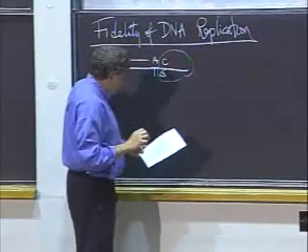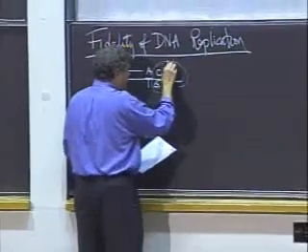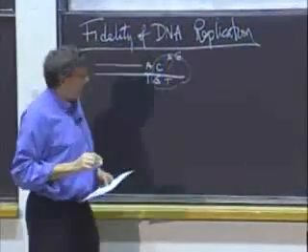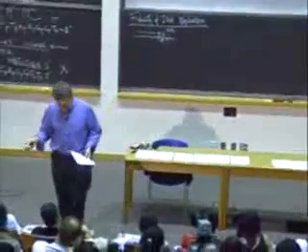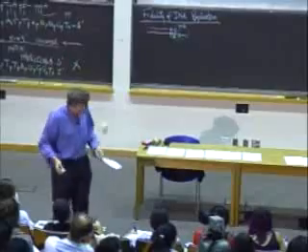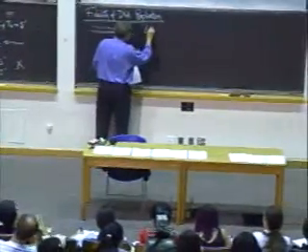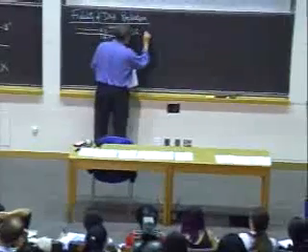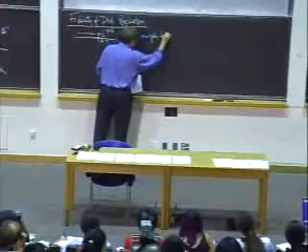How do I manage to get this right? Why don't I put in a G next to that T instead of an A? Well, it's energetically less favored, right? Energetically, there's some cost, there's a delta G, an energetic difference between the right base and the wrong base.